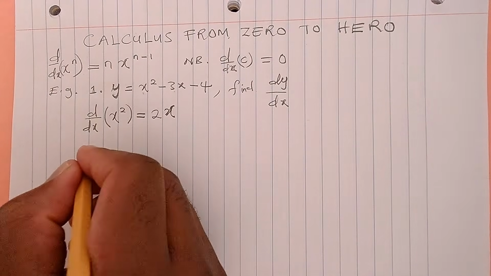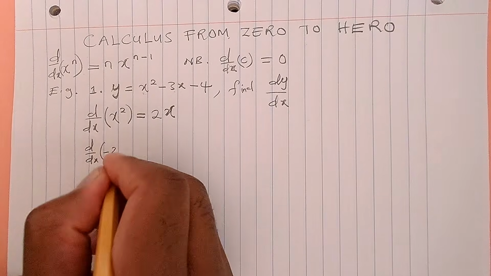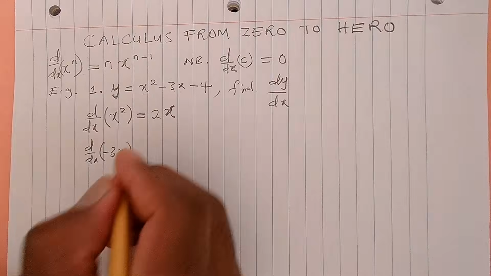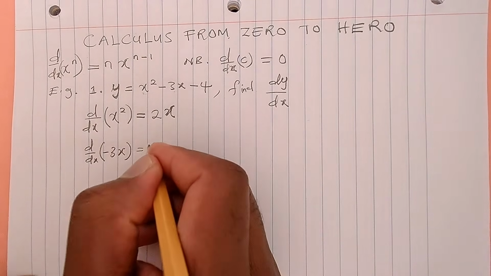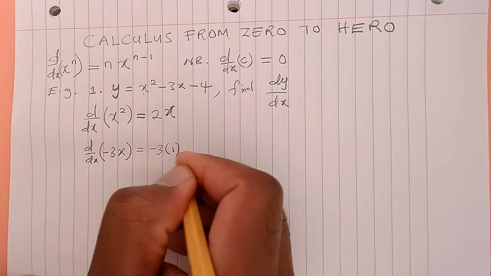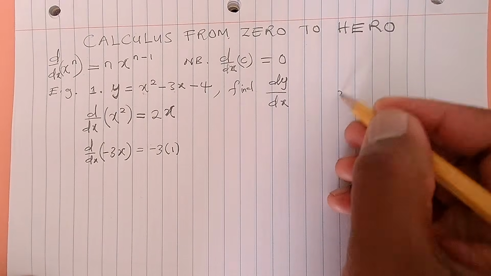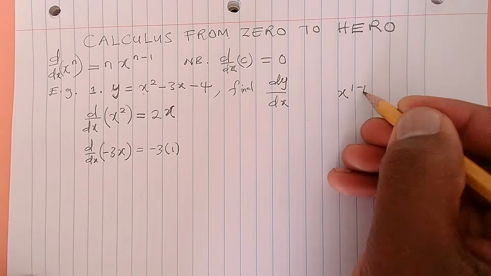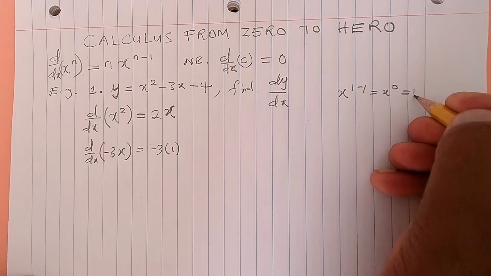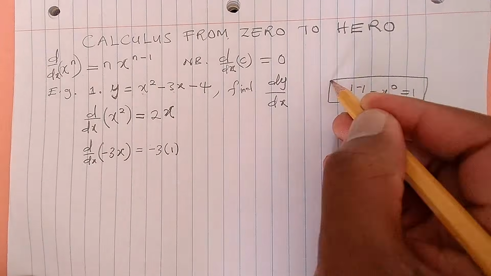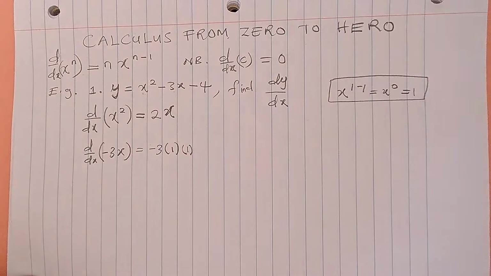Then the next one is d with respect to x of negative 3x. So x has the power 1, so this will just be negative 3 multiplied by 1. If I write on the side here, x has power 1, then I reduce 1. This becomes x to the power 0, which is just 1.